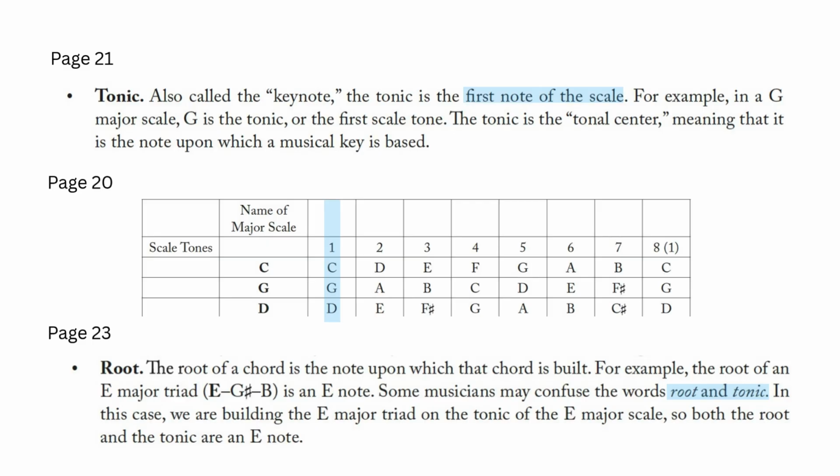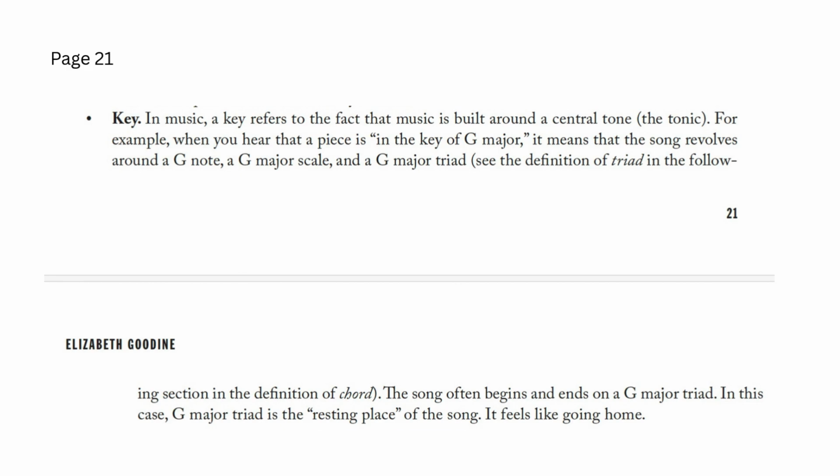Okay, back to page 21, the word key. In music, a key refers to the fact that music is built around a central tone, the tonic. For example, when you hear that a piece is in the key of G major, it means that the song revolves around a G note, a G major scale, and a G major triad.